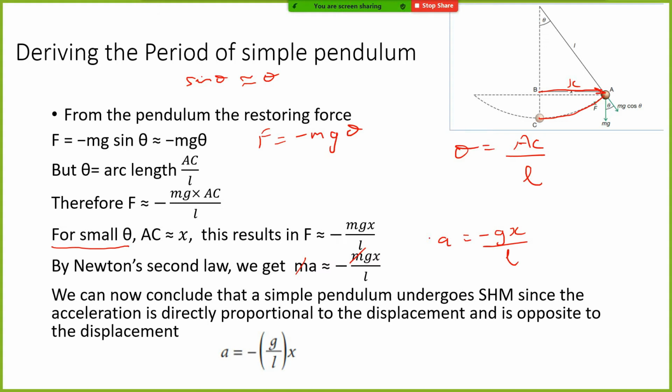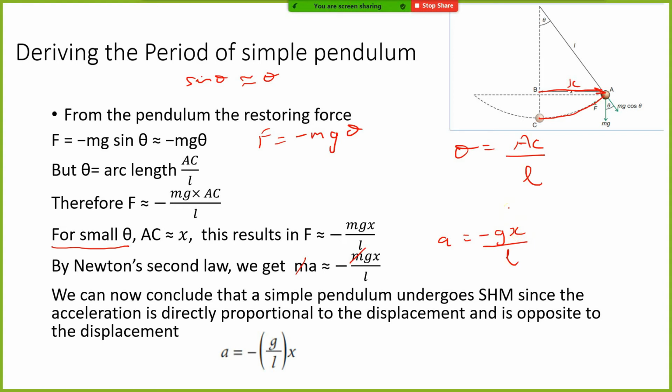One of them is that the acceleration is directly proportional to the displacement. That x that we're seeing here is the displacement, and I should have made mention of it a little bit better. So from this equation here, we're seeing that A is directly proportional to x.